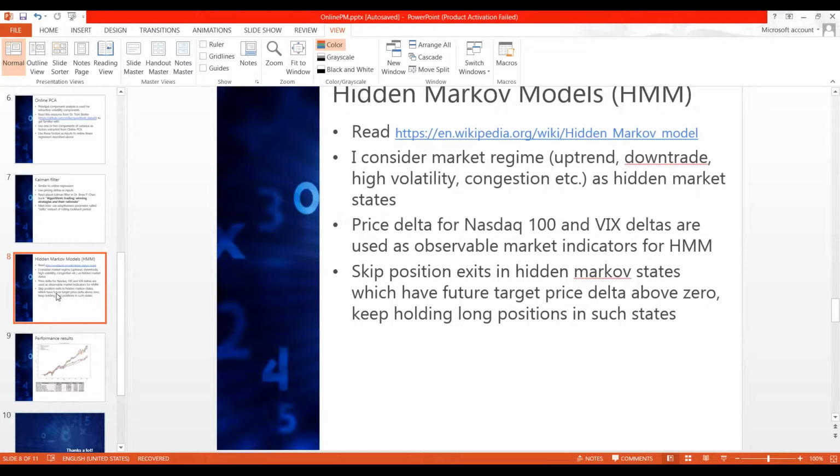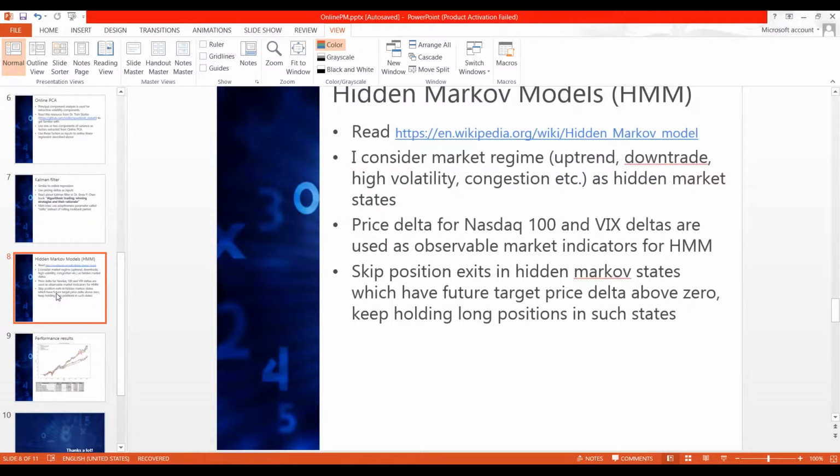So I use very, very simple features. It's price deltas, but deltas themselves, not just deltas with the previous tick, previous day. Delta between the price and their moving average.